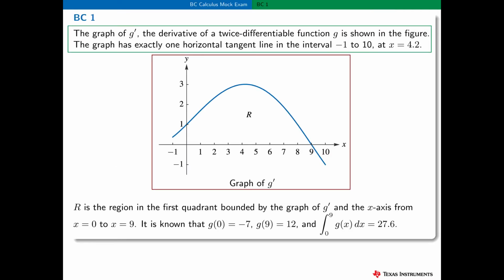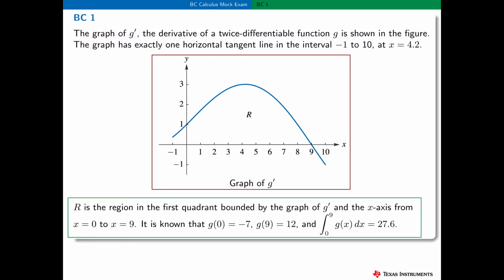Form BC Question 1 involves the graph of g prime, the derivative of a twice differentiable function g. The graph of g prime has exactly one horizontal tangent line in the interval -1 to 10 at x equals 4.2.